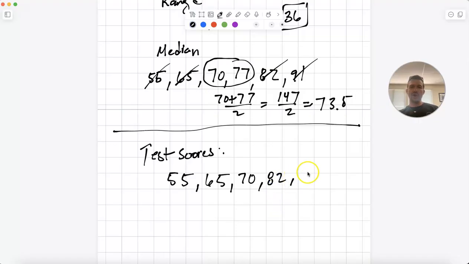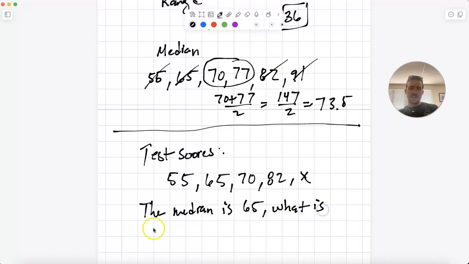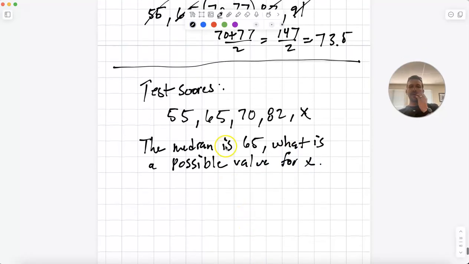And you don't know the other one, it's just random. And it says the median is 65. What is a possible value for x?